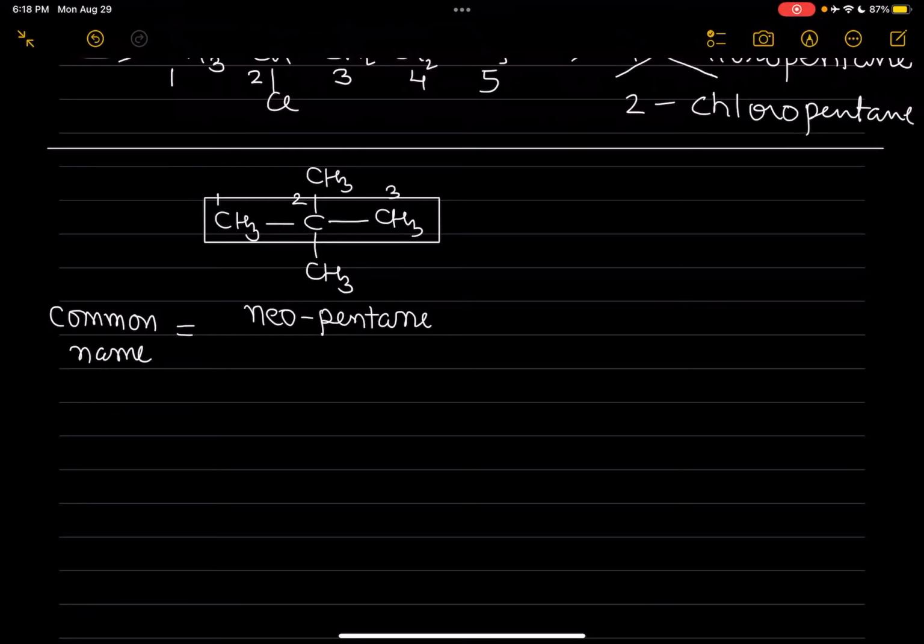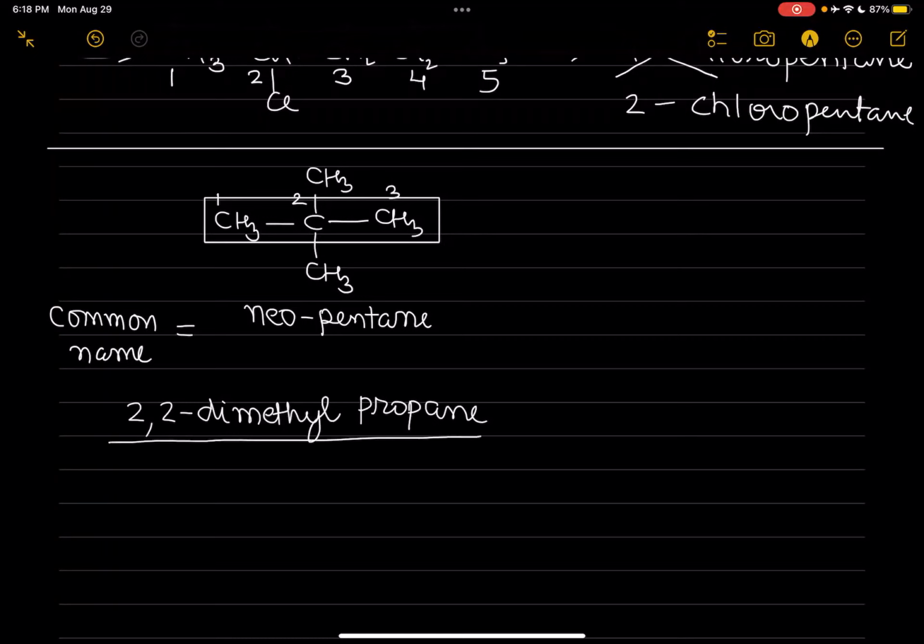It has 3 carbon atoms, so propane, and on the second carbon you have 2 methyl groups. 2,2-dimethylpropane. So this is the IUPAC name.